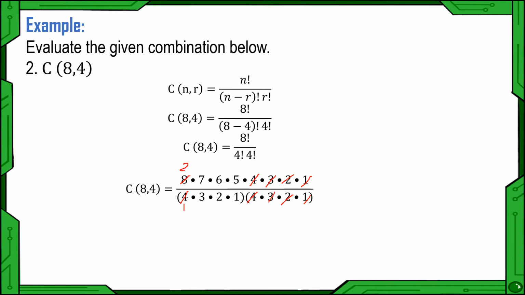So you can see here numbers 6 and 3. It is divisible by 3. So 6 divided by 3 is 2, and 3 divided by 3 is 1. So you will notice here that the remaining in our numerator is 2 times 7 times 2 times 5 over our denominator, we have here the number 2.